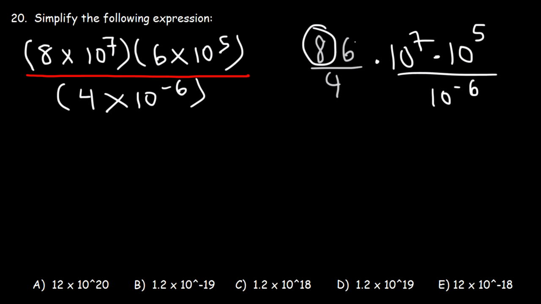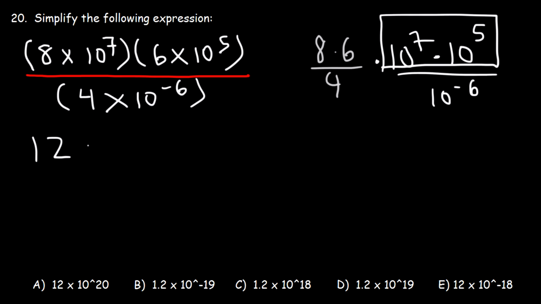Now, 8 times 6 is 48, and 48 divided by 4, well, that's going to be 12. You could also do it this way. 8 divided by 4 is 2. 2 times 6 is 12. Now, what about 10 to the 7 times 10 to the 5th? Whenever you multiply by a common base, you need to add the exponents.